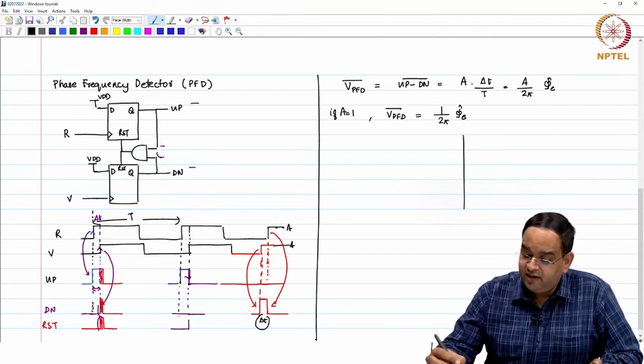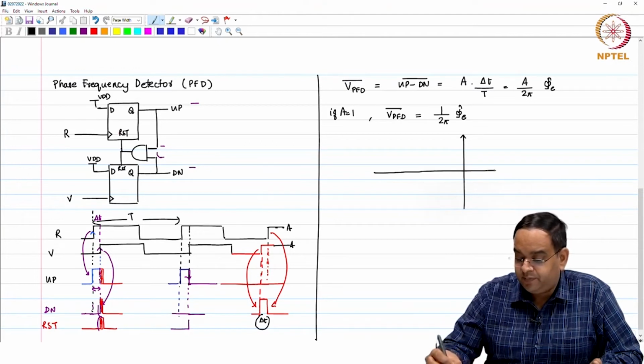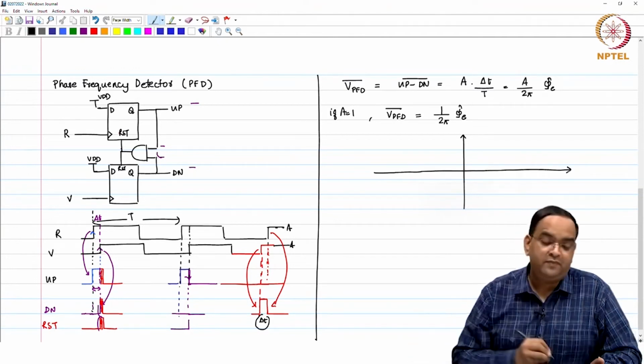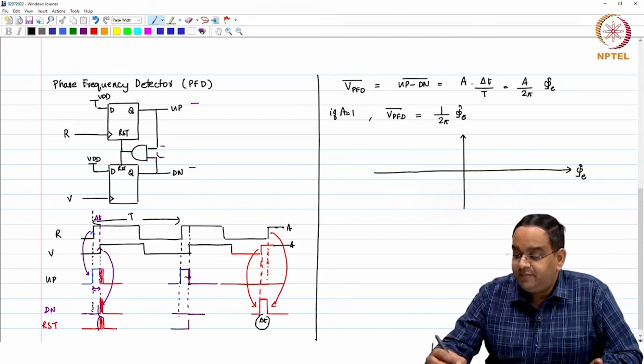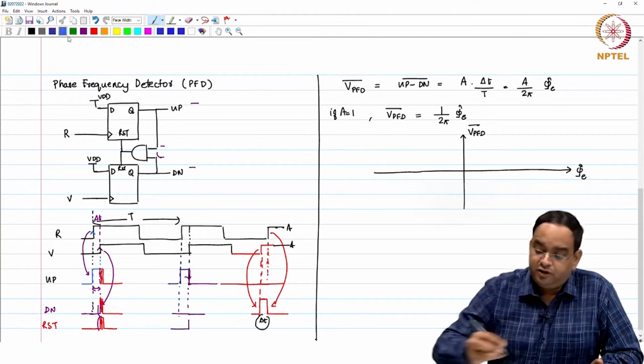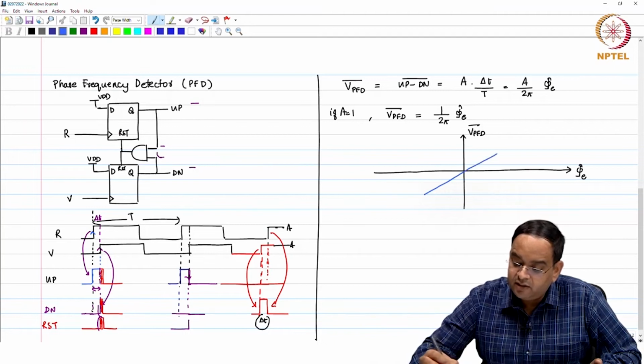So, the phase error detector characteristics, if you look at, this is phase error and this happens to be your VPFT average. So, from minus 2 pi to 2 pi, it is a straight line.